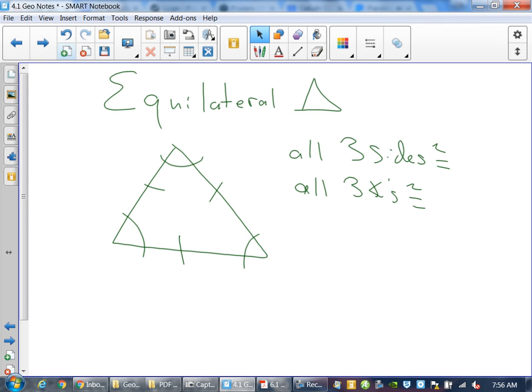If all three angles in the triangle are the same, what does each one of them have to measure? 60, very good. And this is another triangle that's the basis of trigonometry. All these angles are going to measure 60 degrees.